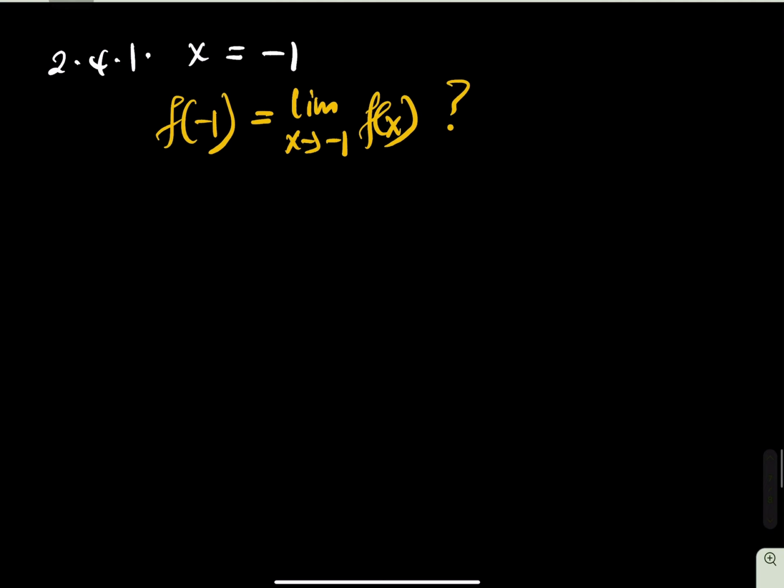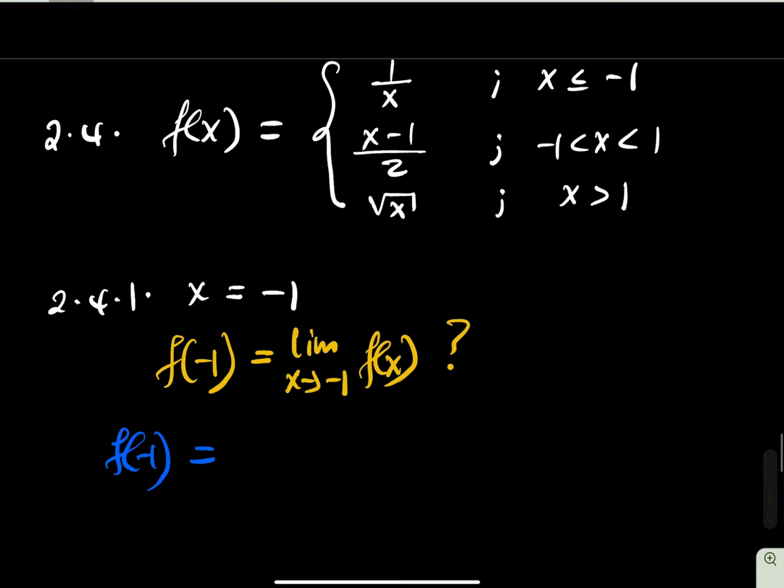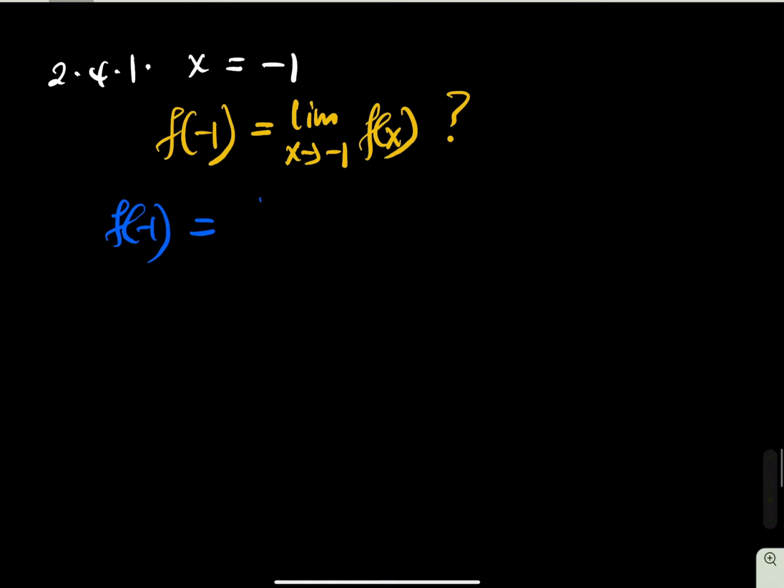So I'm going to say to myself now, let me find f at -1. Which function am I going to take? I'm going to take this function because that's where f at -1 is defined. All right. So that is really going to be 1 over x, which gives me 1 over -1, and that is -1.